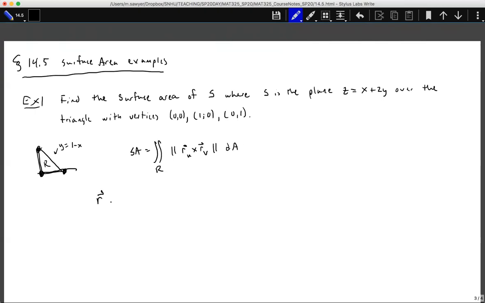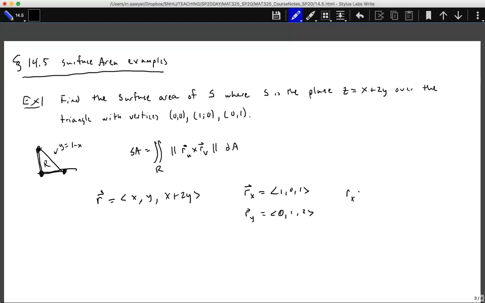So let's parameterize our surface r as a function of x, y, or excuse me, the vector (x, y, x plus 2y). And so then r_x, so our u is our x here, is equal to the vector (1, 0, 1). r_y is the vector (0, 1, 2).